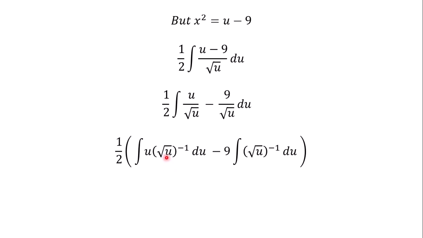As I was saying, this one can be written as this one because of the negative index law of indices. And this one too looks like this one, so it can also be written as 9 multiplied by the square root of u raised to the power minus 1.